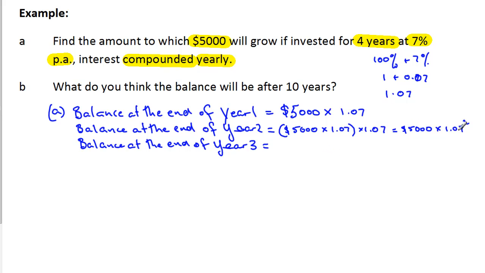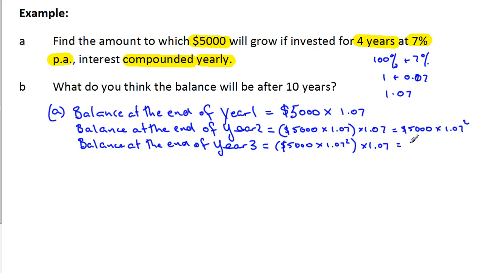So if you like, it's this amount. Let's write it down. $5,000 times 1.07 squared. Now that is definitely the balance at the end of year 2. So it's going to be that amount, and all we have to do is to times it by 1.07 again to get the new end of year balance.